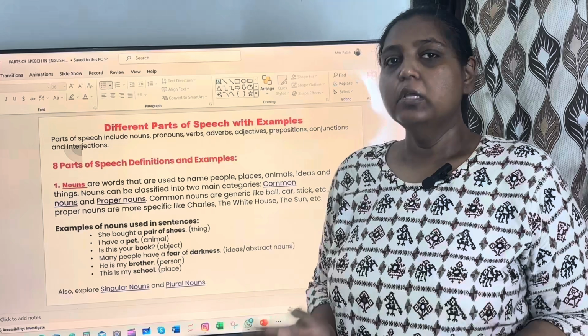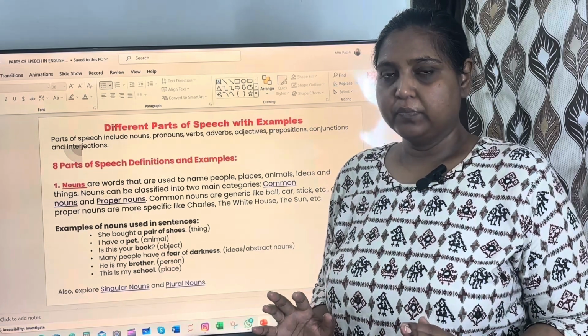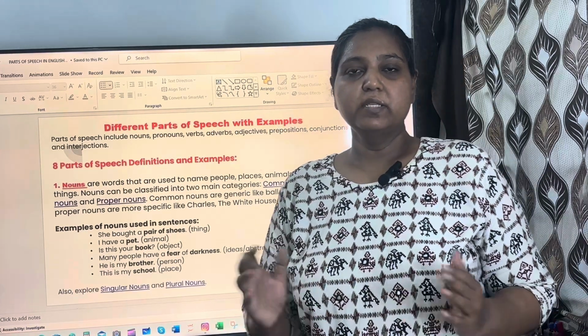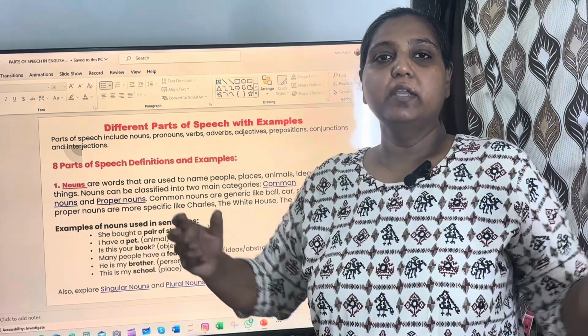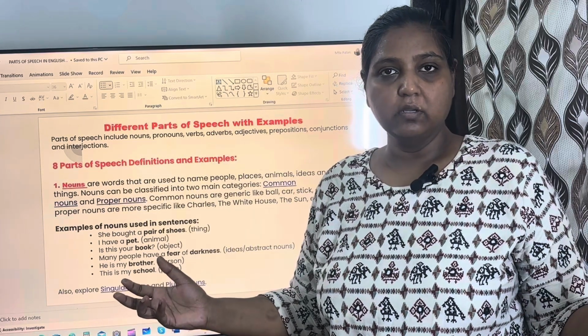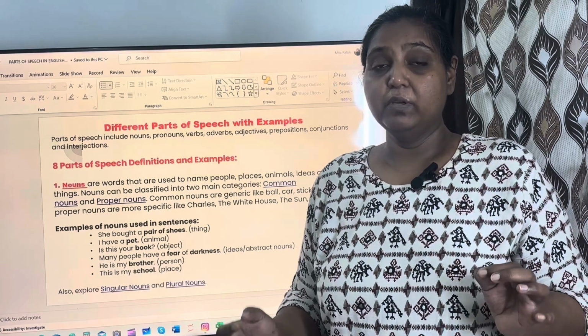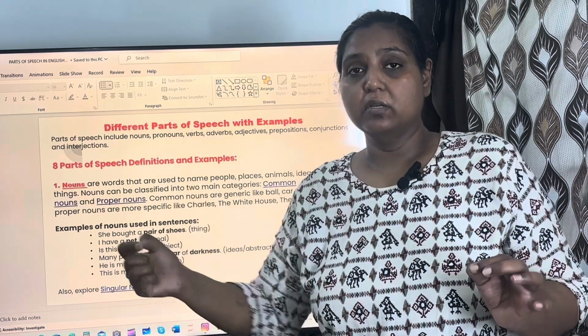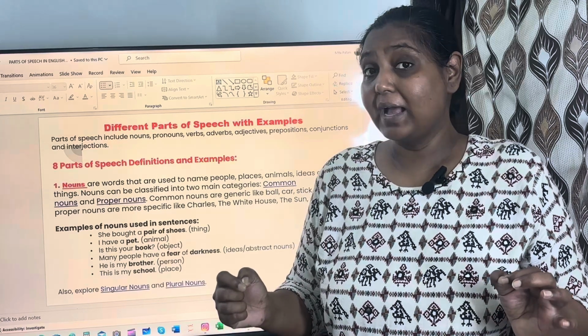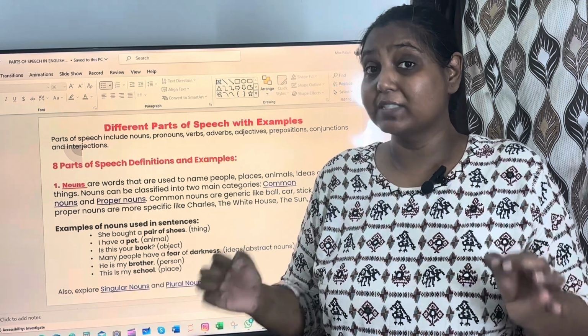Let me explain again in depth. For example, somebody says, I saw a very big river. River is a common noun. But when I'm talking about a particular river, that means it has a particular or specific name.